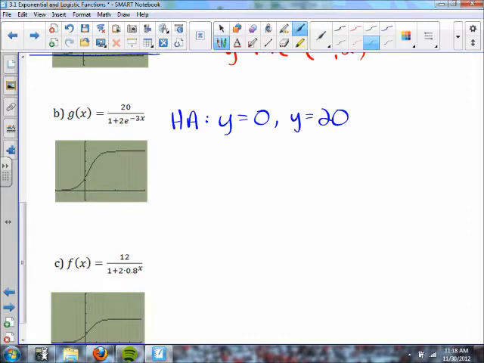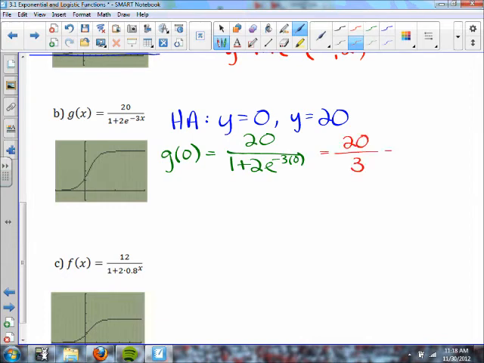My y-intercept, again, is where x is equal to 0. E to the 0 power would be 1, so really we're going to have 20 over 3, or 6 2/3. So my y-intercept will be 0 and 6 2/3.